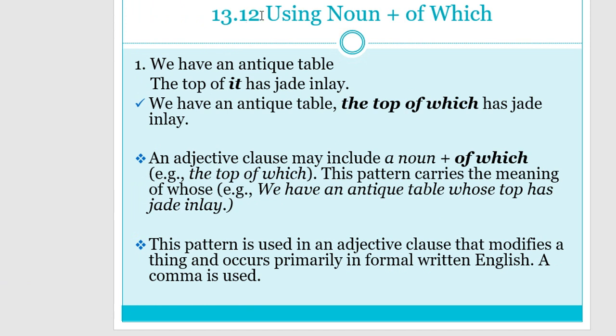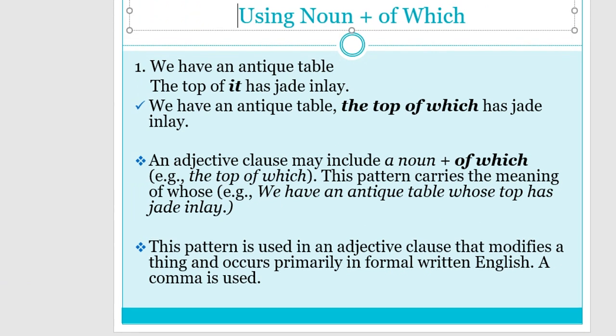So here we have using noun plus "which." It's kind of the last for talking here. We have an antique table, the top of it has jade inlay. We have an antique table, the top of which has jade inlay.